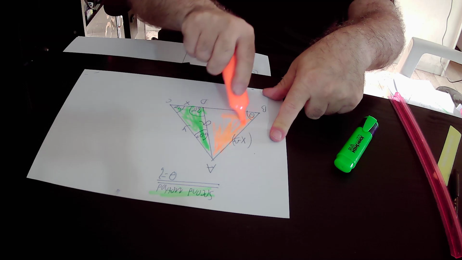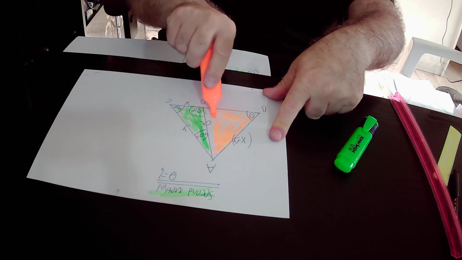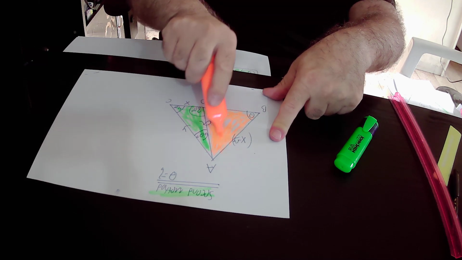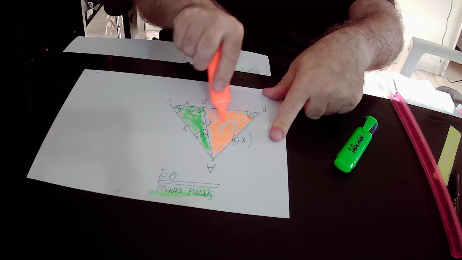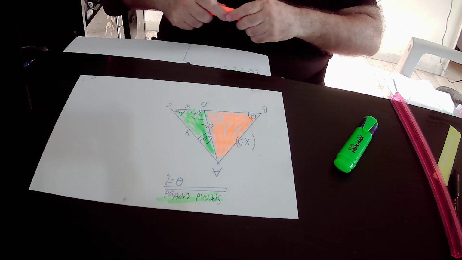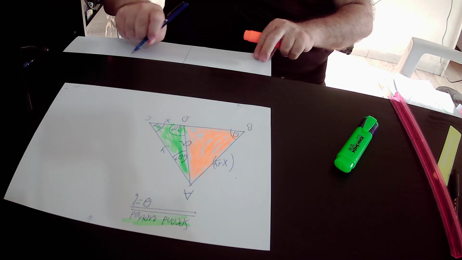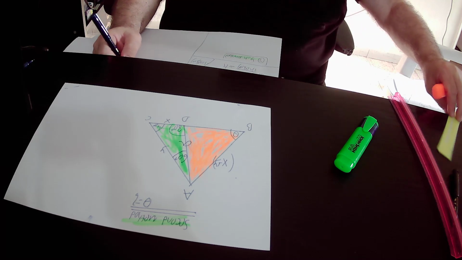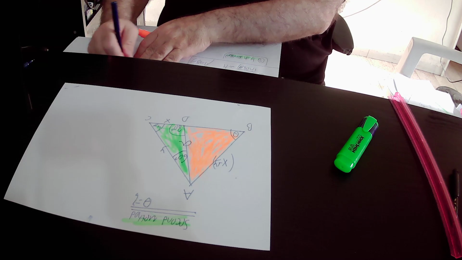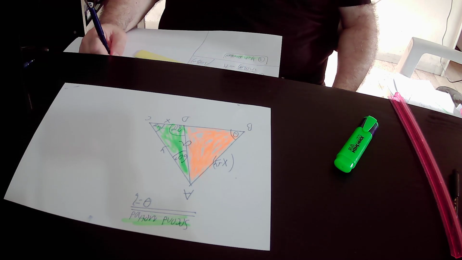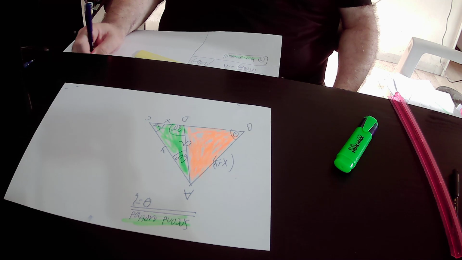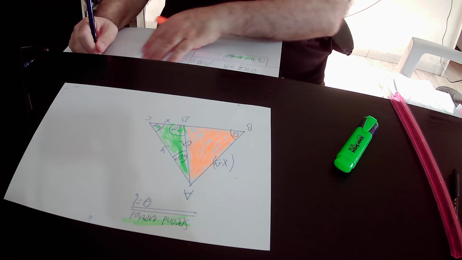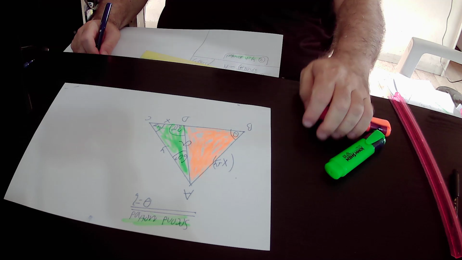So we will implement the law of sines in the orange triangle ABD, according to the law of sines in the orange triangle.